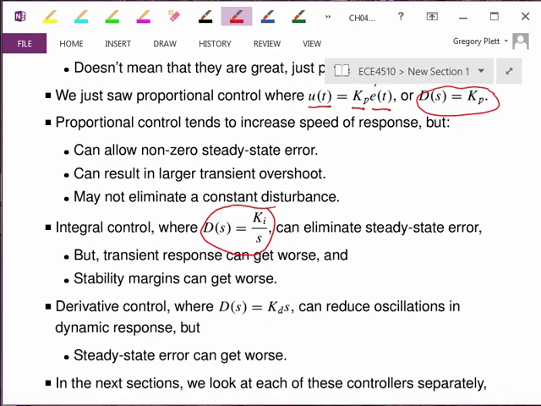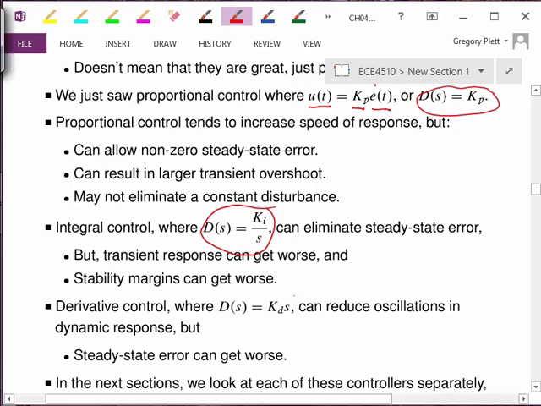And we'll look at this next section, but the big benefit of doing this is that we can eliminate steady-state errors that proportional control is not able to eliminate. But at the same time, I'm solving one problem and possibly causing another one. I could cause transient response to get worse, and I could cause the system to be less stable or even unstable when it was stable before. So I have to be very careful when adding integral control to a system.